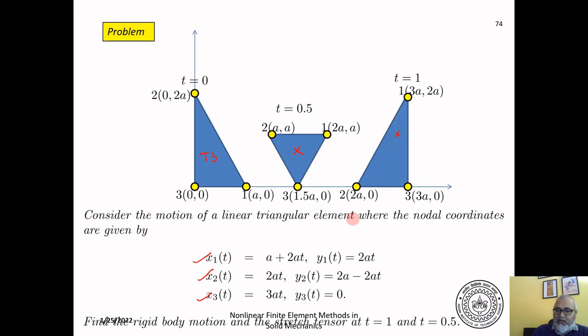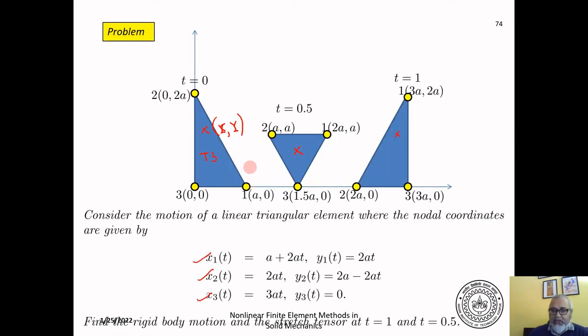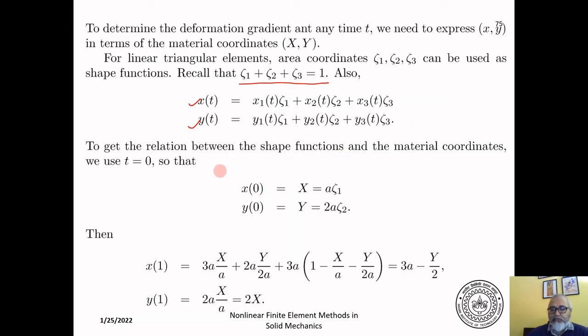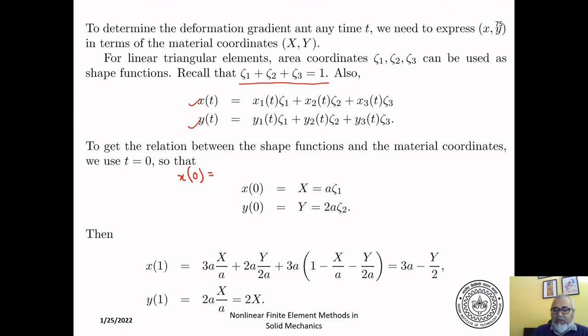Now, in the initial configuration, we want to find capital X. So for any point here which has coordinates of capital X and capital Y, we will take the x1 at time t equal to 0, and that will give me my capital X and capital Y. So x at 0 and y at 0 are here. x1 at t equal to 0 is a.